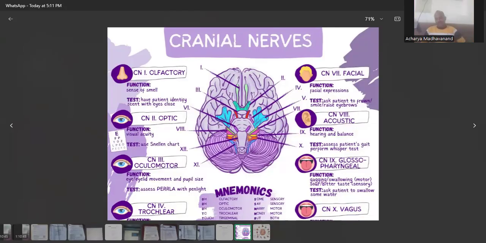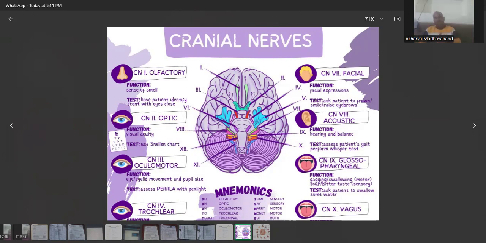Then there is the glossopharyngeal nerve. It is responsible for taste, saliva secretion, sensory to tonsil, pharynx, middle ear, motor to stylopharyngeus and parotid gland.